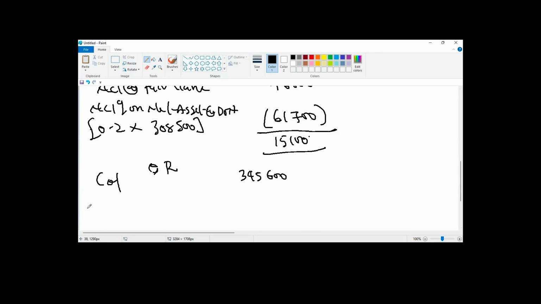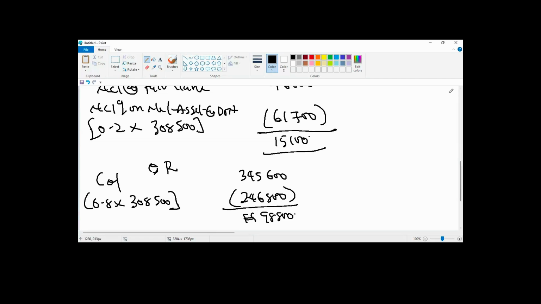I will remove the parent portion of the net asset, 0.8 times 308,500, which is 246,800. So 345,600 minus 246,800 is 98,800.